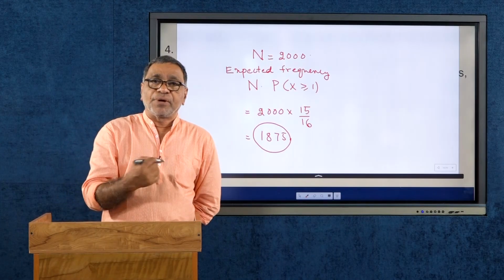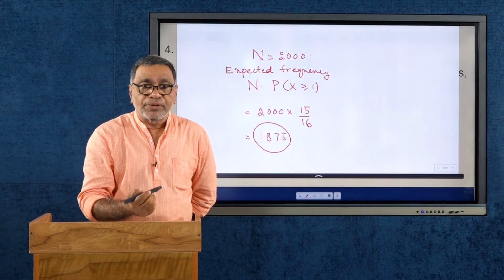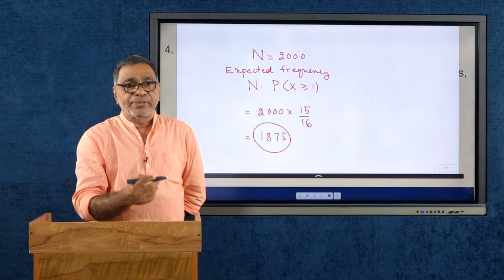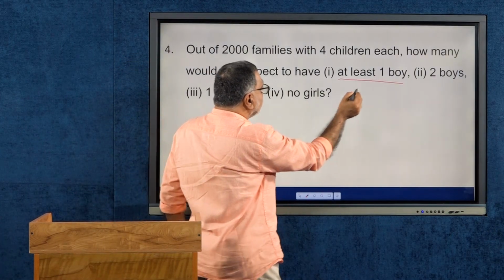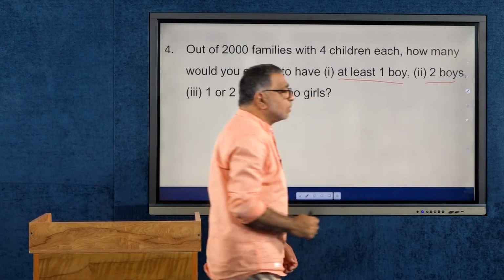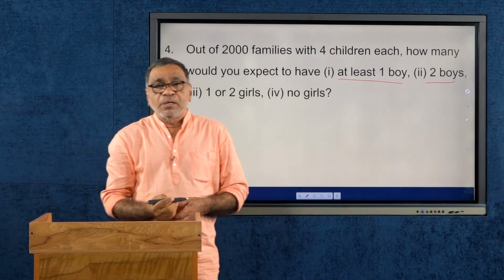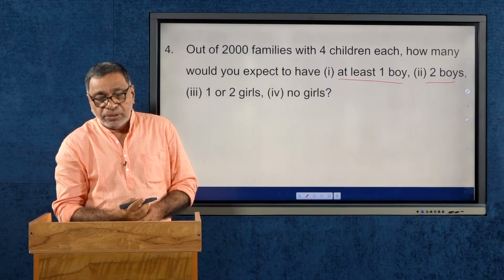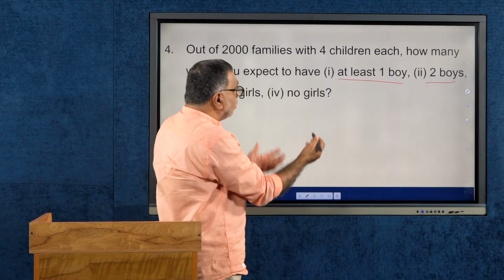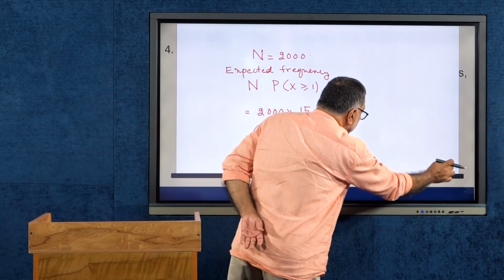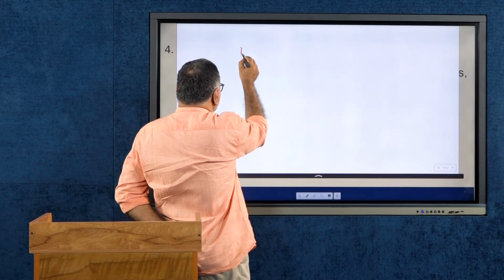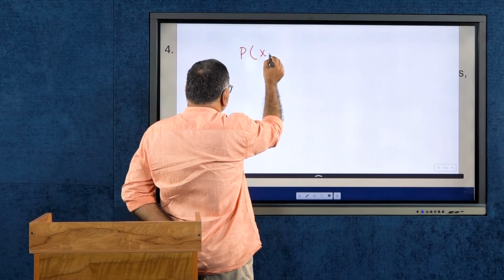Similarly, you can find the expected frequency of other events. The other event is 2 boys. To get the expected frequency, we find the corresponding probability, the probability of x equal to 2.